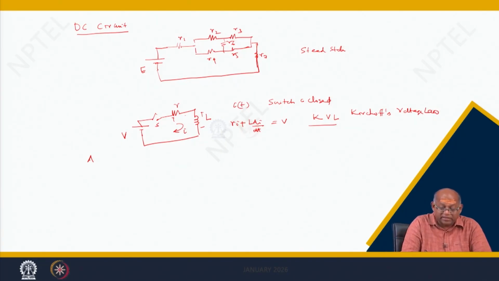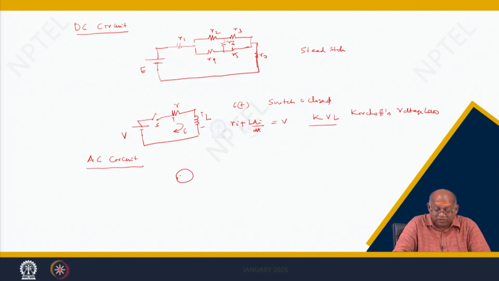Similarly, in an AC circuit, you have an AC source, then there is resistance, inductance and capacitance. This is an RLC series circuit, this is voltage source v(t), because it is always changing.